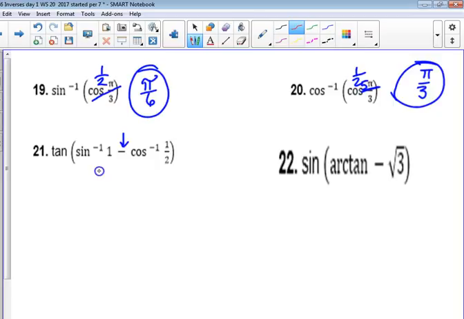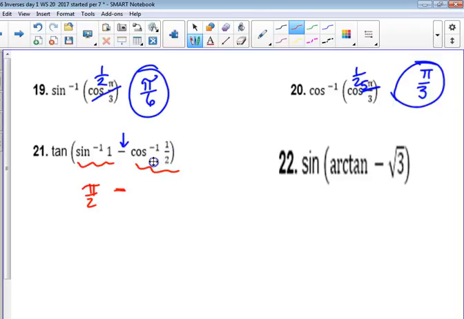All right, down here we start inside out. We're going to calculate this value, and then it's going to be subtracted from this value. All right, what angle has a sine of 1? Jacob, can you tell me that? Sine is 1, yes, at pi over 2. How about Jacob Sanchez?